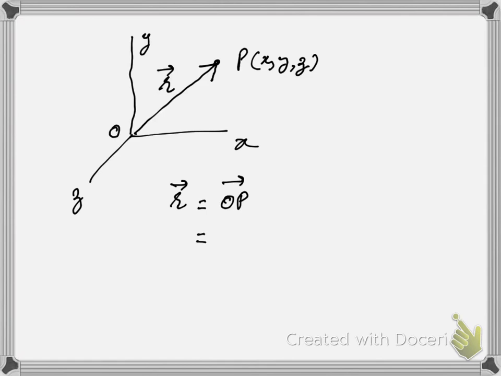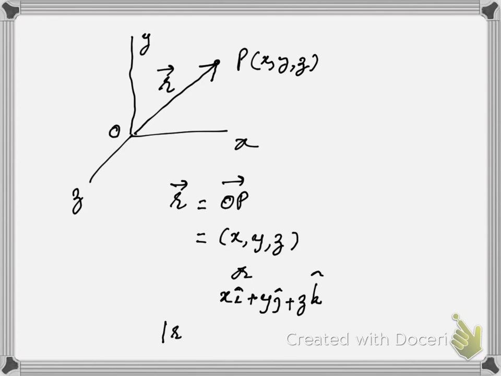It can be written as x, y, z, or x I cap plus y j cap plus z k cap. And magnitude of R is equal to the square root of x square plus y square plus z square.